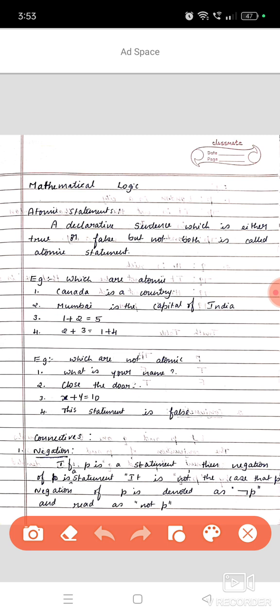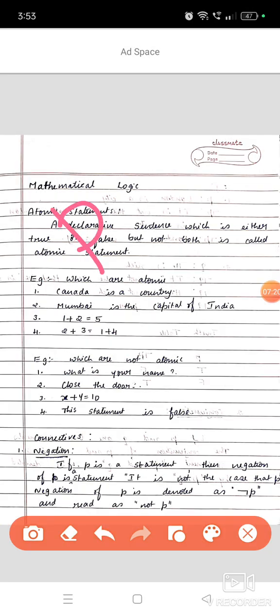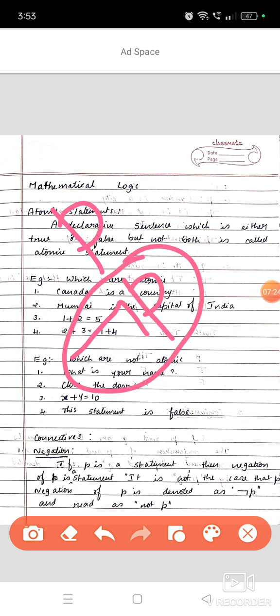But the actual meaning of negation is the opposite of the given statement. Negation is written like this: for a statement P, the negation symbol followed by P, and we read this as "not P."